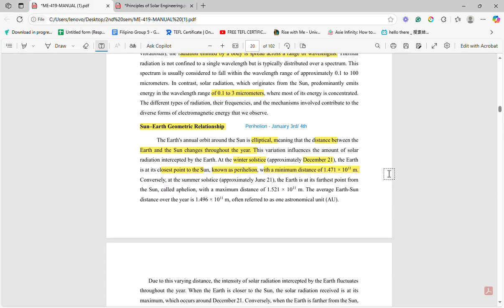But this does not mean that that is the time that the Earth is at the closest point to the Sun. It's just that winter solstice starts at December 21, but the closest point to the Sun is during perihelion, which occurs on January 3rd and 4th. And usually perihelion happens about 2 weeks after the winter solstice.